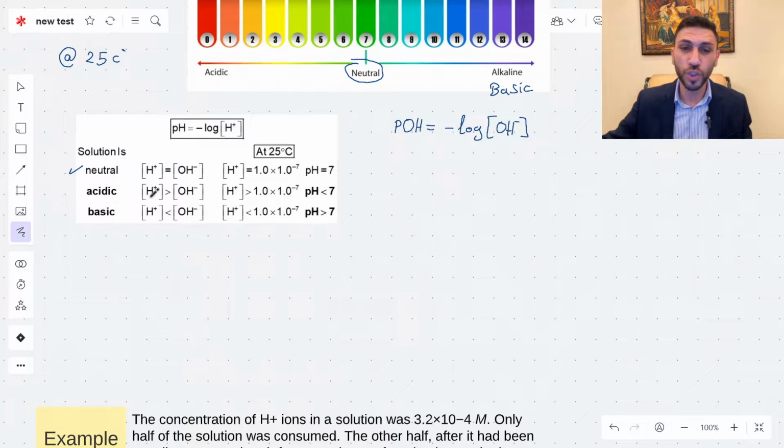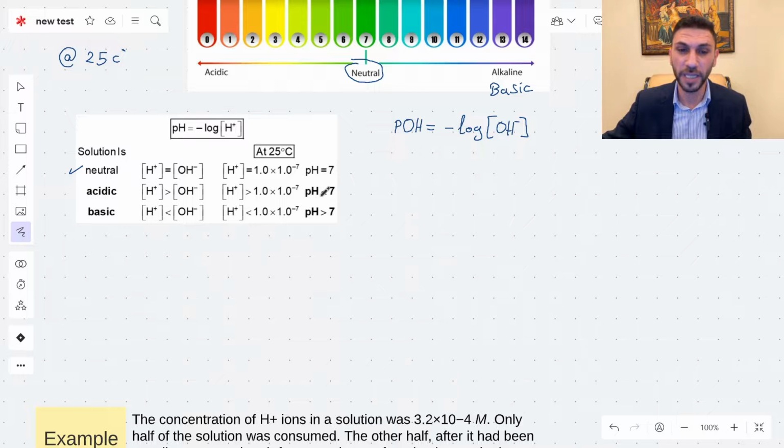When the solution is acidic, that means the concentration of H positive is greater than the concentration of OH negative, which means the concentration of H positive is greater than 1 times 10 to the power of negative 7.